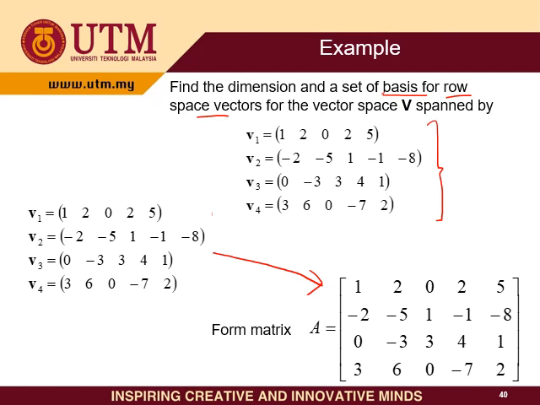Now we use A as the name, so we change the vector space V towards the matrix A, where you insert your V1, V2, V3 and V4 into the matrix.